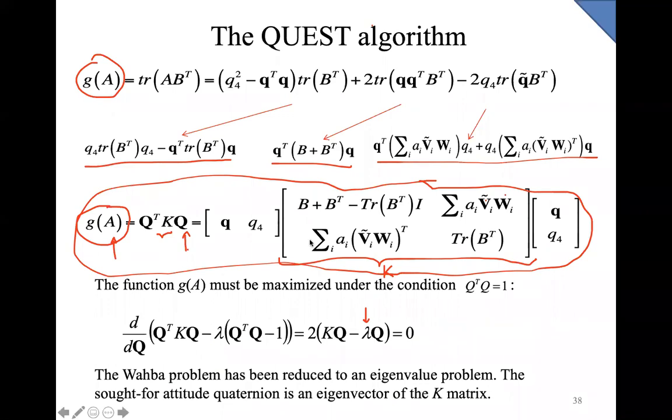For example, you should know what the dependency of this matrix K is on the attitude profile matrix B and the versors V and W, the unit vectors that express the measurement in the sensor reference frame and in the inertial reference frame.